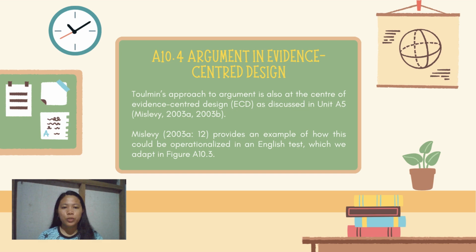Toulmin's approach to argument is also at the center of evidence-centered design, or ECD, as discussed in Unit A5, Mislevy 2003a and 2003b. Mislevy 2003a, 12, provides an example of how this could be operationalized in an English test, which we adapt in Figure 18.3.